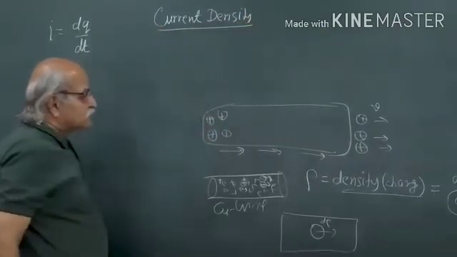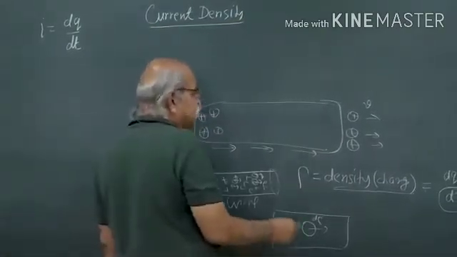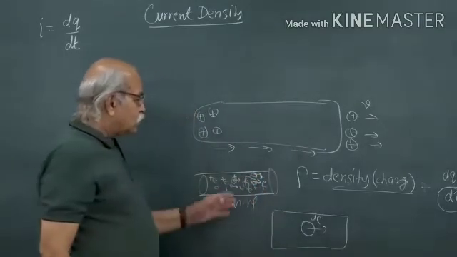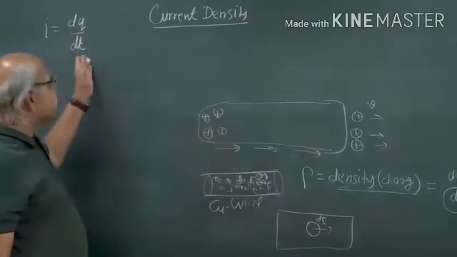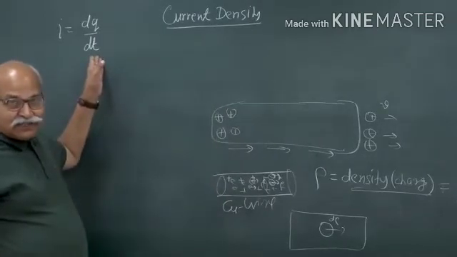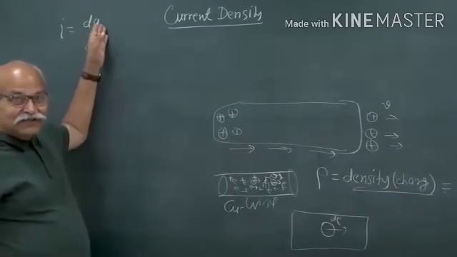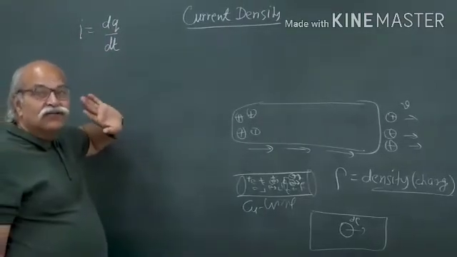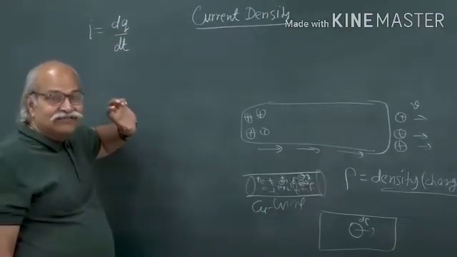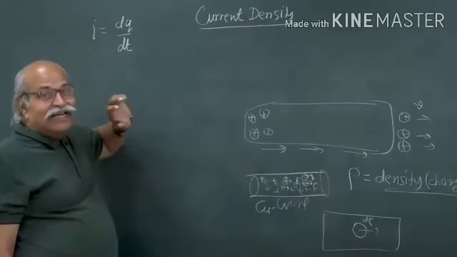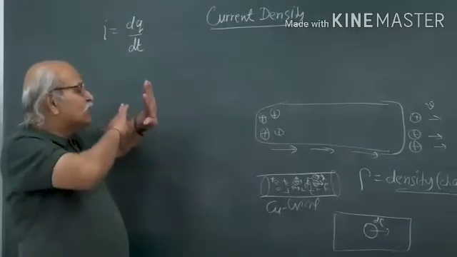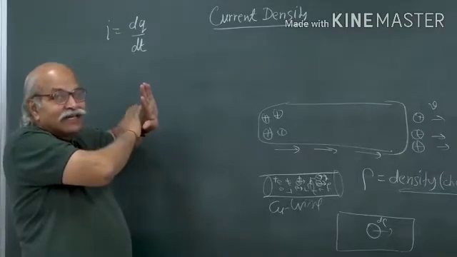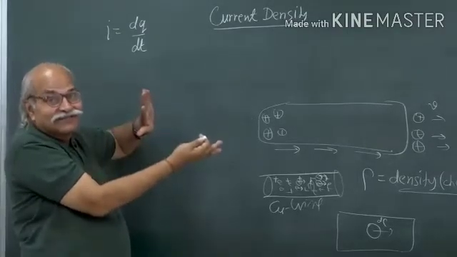And what is that? Current is measured across some kind of cross section. How do I know what is this dq and what is this dt? Come back to this question. What is this dq? You first decide a cross section, an area in your wire, and then ask how much charge has gone from one side of this area to the other side, right.